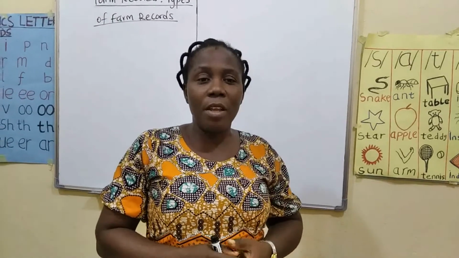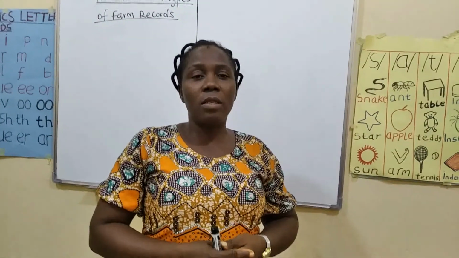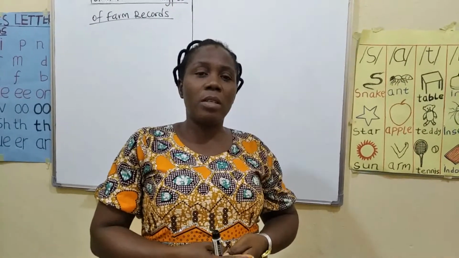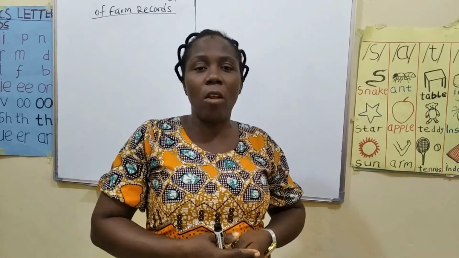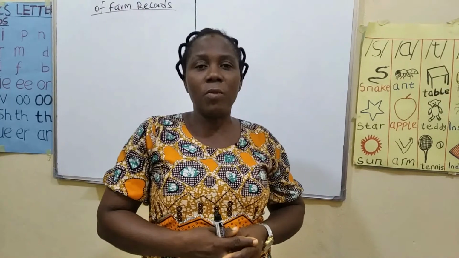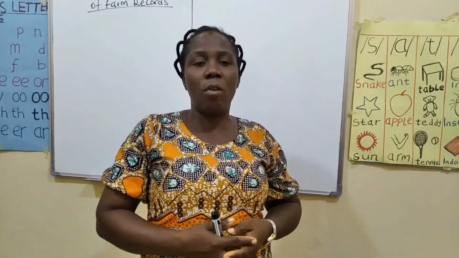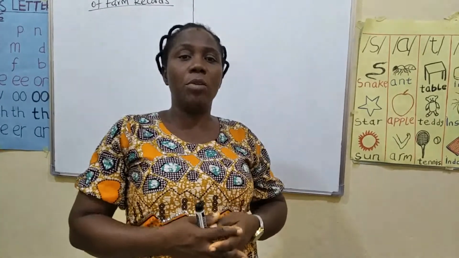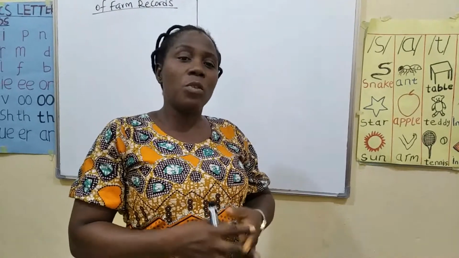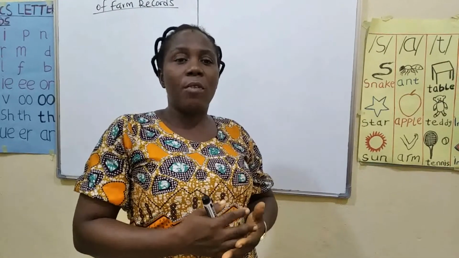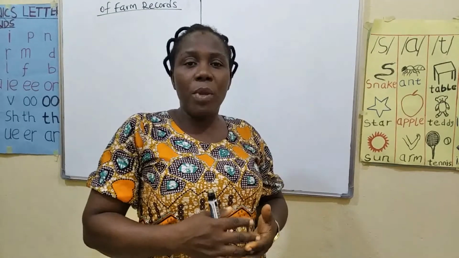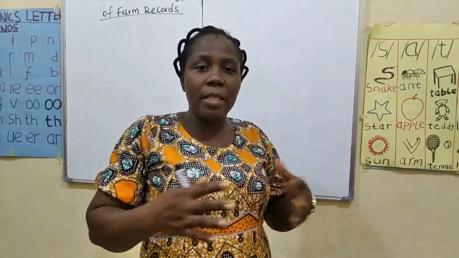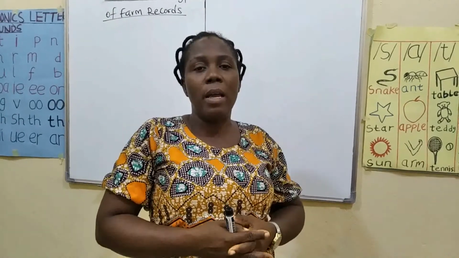We talk about the production record, the input record, the consumption record, and the profit and loss accounts record. These were some of the different types of farm record that we looked at. Now today we want to look at these types of farm record in detail. It may not be fully detailed, but in a detailed form that has to do with our class and our lesson.